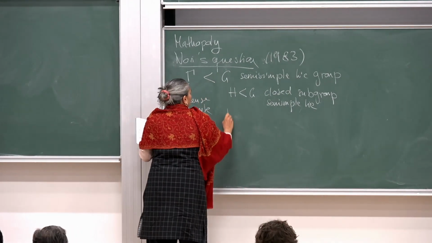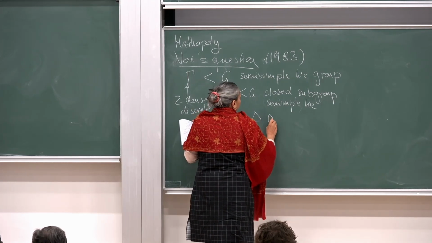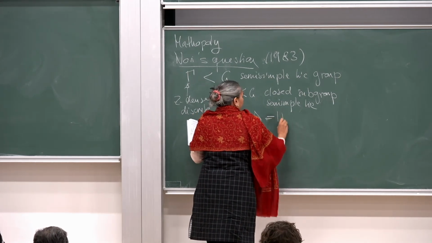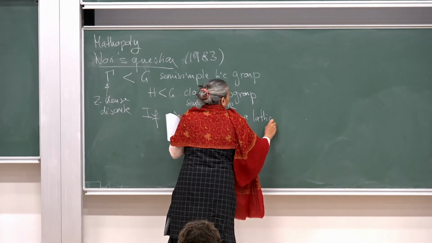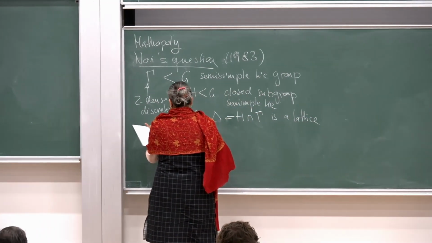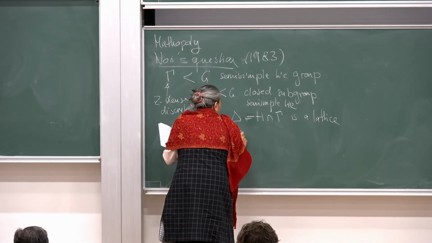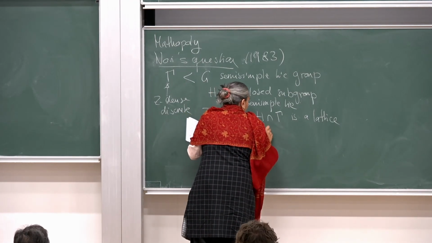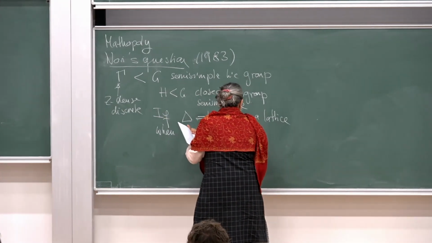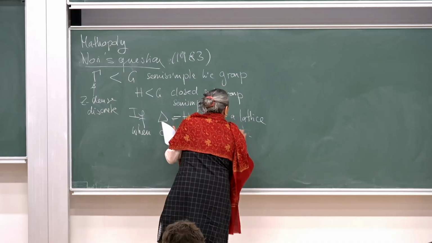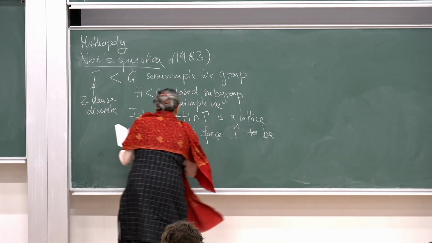And the question is, if delta, which is equal to H intersect gamma, is a lattice, when does that force gamma to be a lattice?